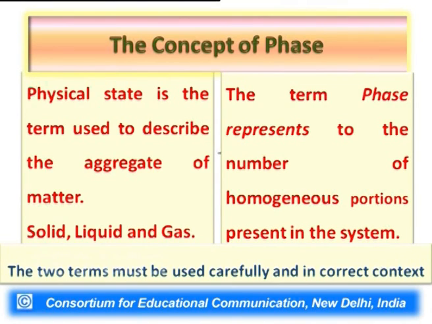And in gases, each of the constituent chemical species moves independently of the other, although they have some weak van der Waals forces of interaction between them. So the mobility of chemical constituents present in the gaseous state is greater. This is how we define the three different physical states of matter.